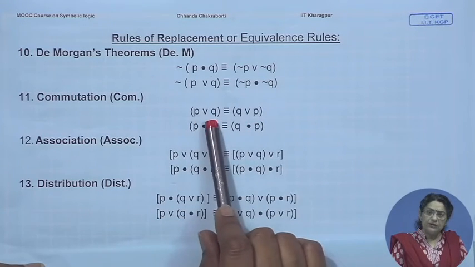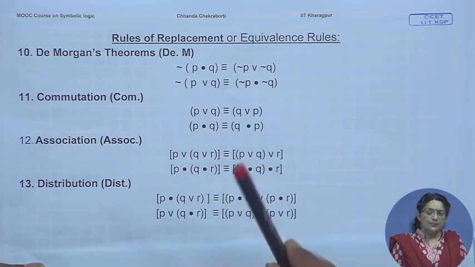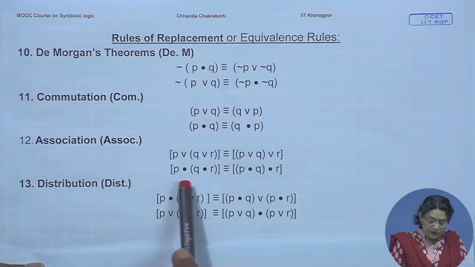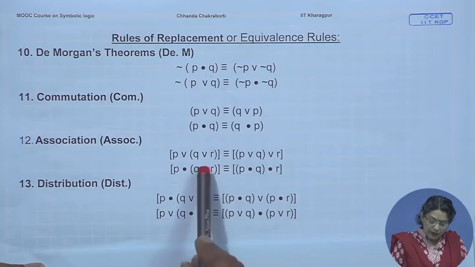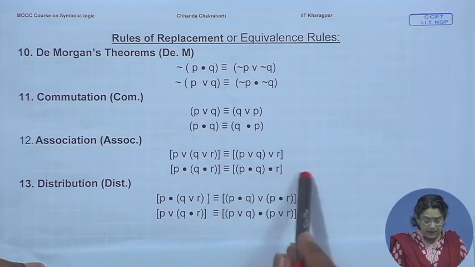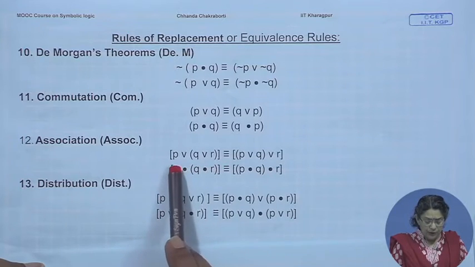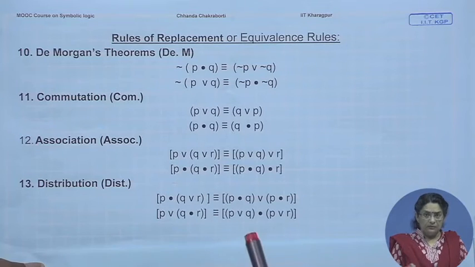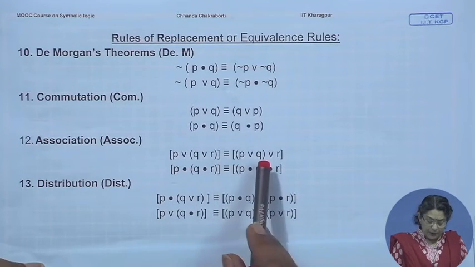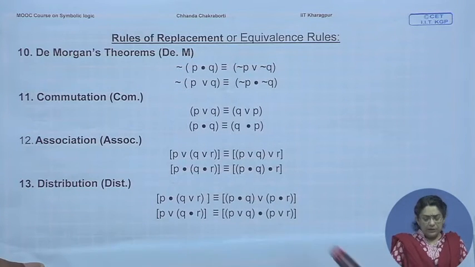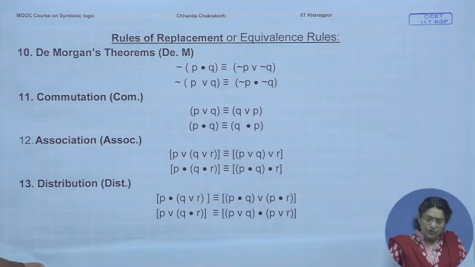When you have a wedge you can swap the position, when you have a dot you can swap the position. With association you can regroup them without disturbing the truth value, though the emphasis changes, as I have shown you: p wedge q wedge r, where p is on the first emphasis, whereas here the p wedge q is the emphasis and then r is the other disjunct. So, this is association and this is your distribution.